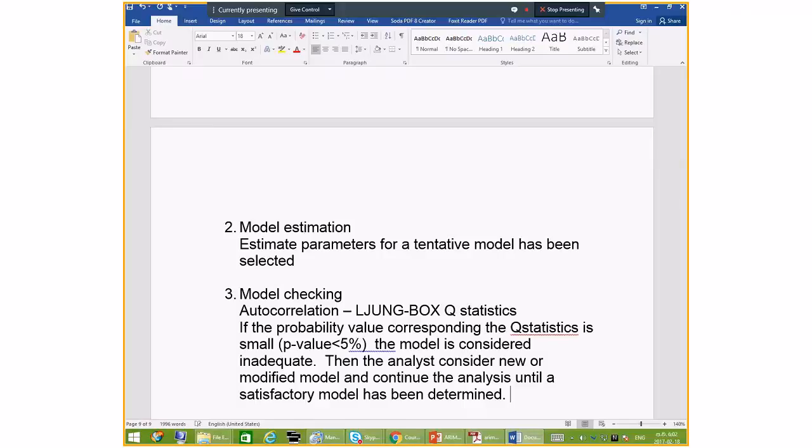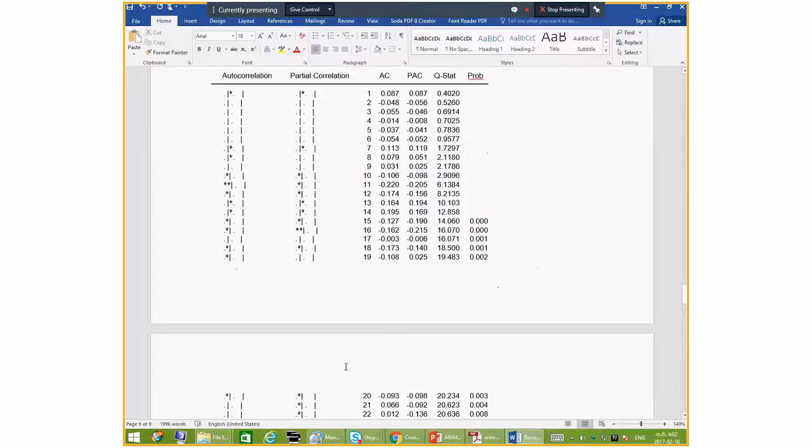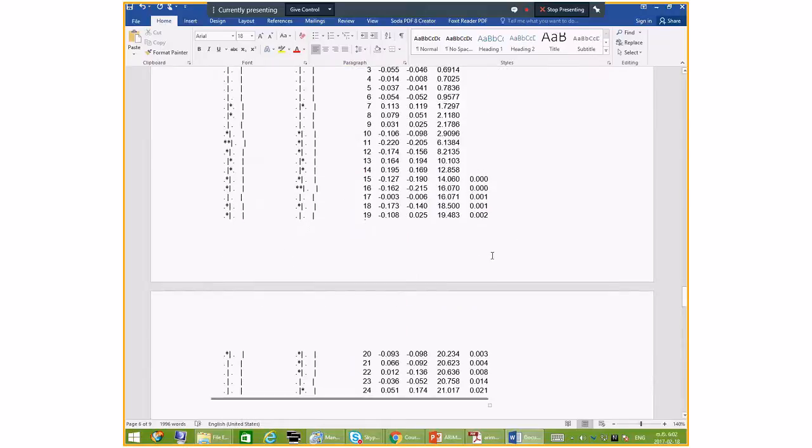In our GDP model, it is inadequate for forecasting because the probability corresponding to the Q statistics is less than 5%.